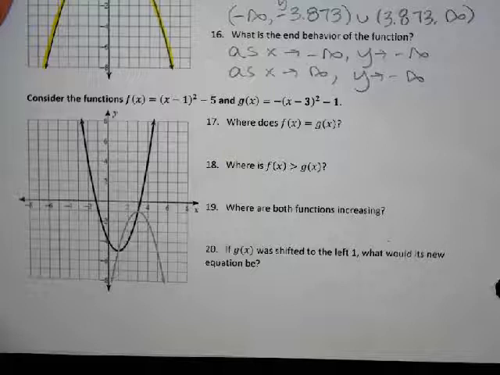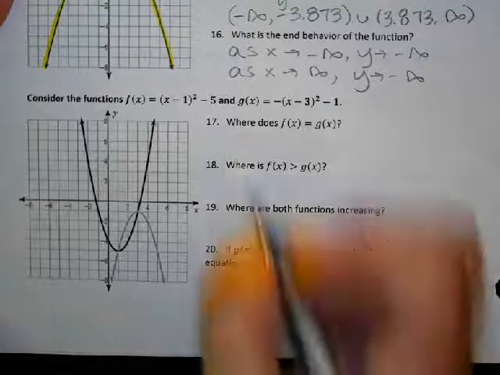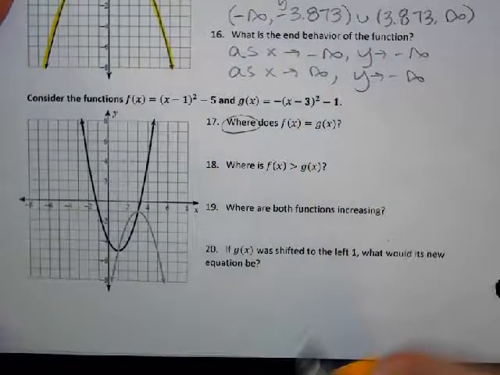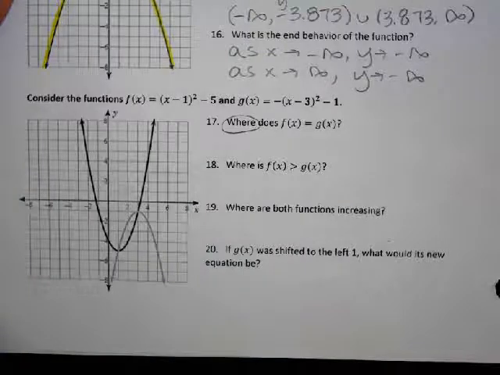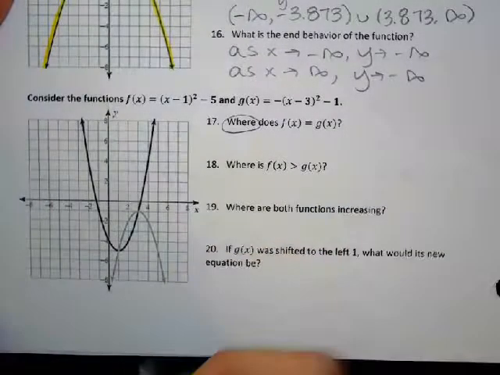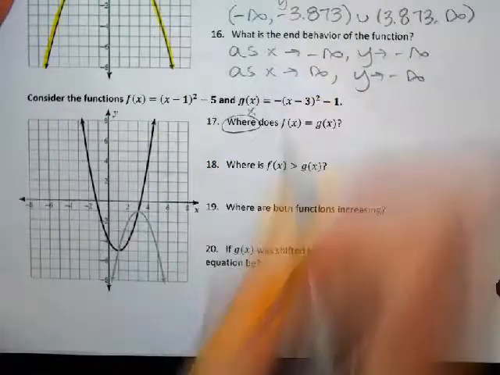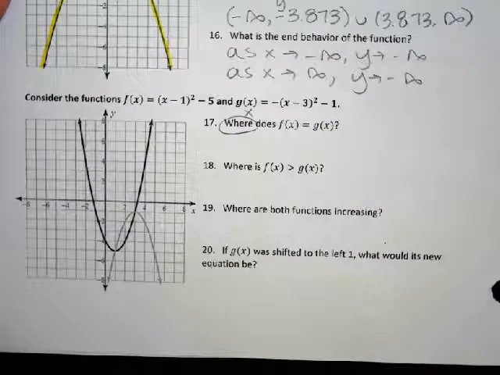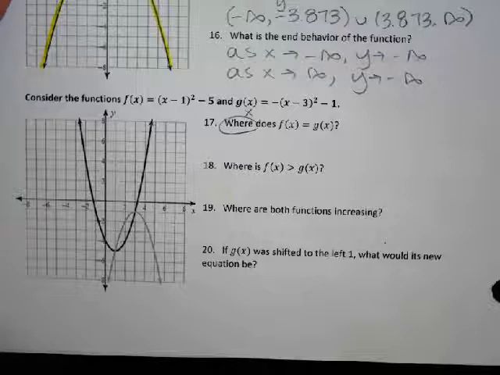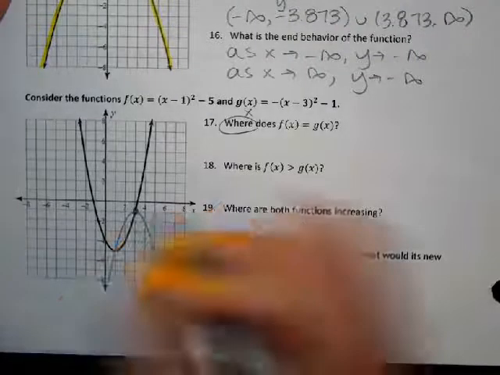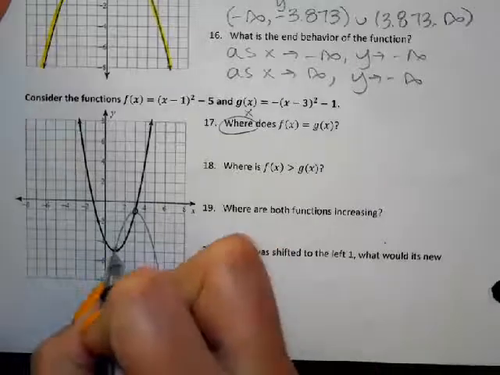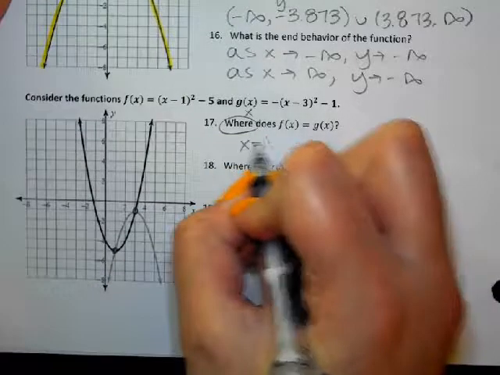So you could, if you wanted to answer these with coordinates like an x and a y coordinate, you could. But based on the way the question is phrased, you only need the x value. So what x values do you see where the two graphs are crossing each other? 3 and 1. Okay. X equals 1, x equals 3. Okay? You don't need the y coordinate.